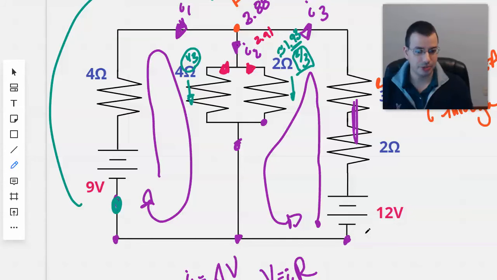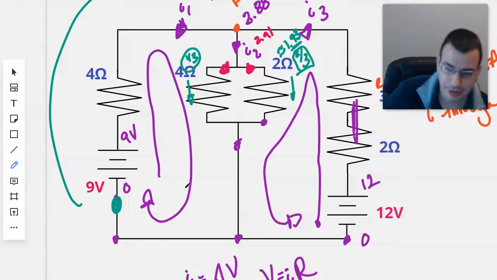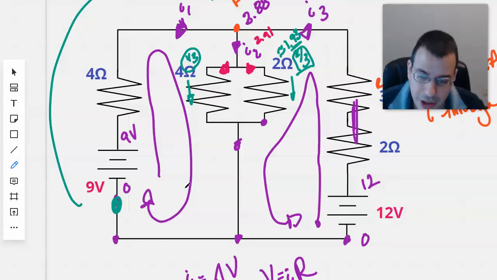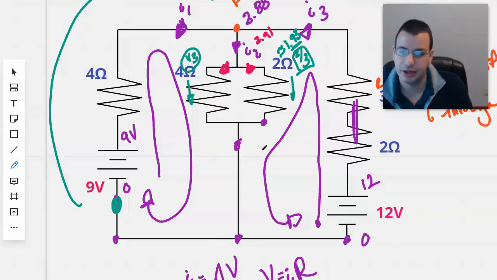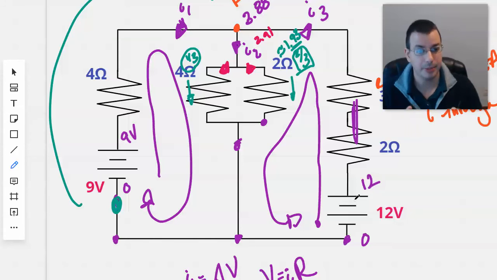And one of the assumptions of the batteries is this battery has a difference of 12, so it'll be 0 there, 12 there. This battery has 9 volts, so it'll be 0 at the bottom, 9 at the top. This is part of our assumptions. And the reason you know that these will both be 0 is they are connected by a wire, so they have to be at the same potential.